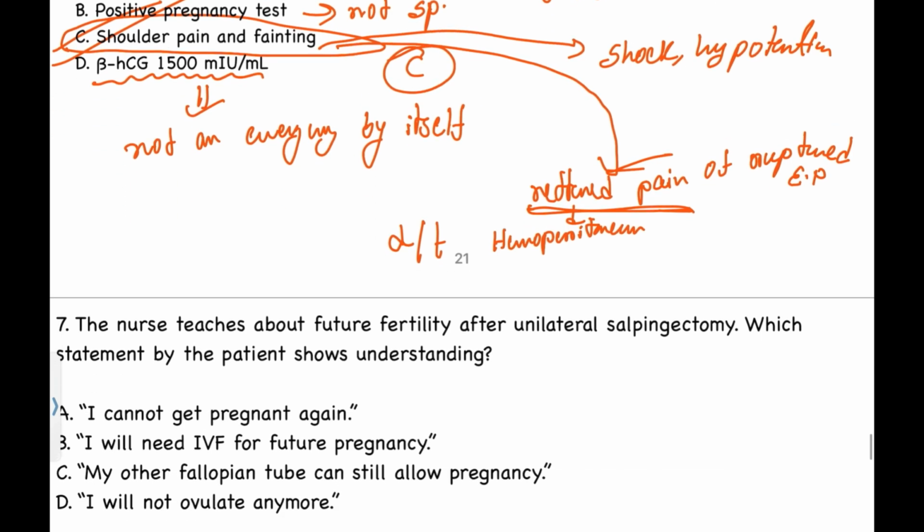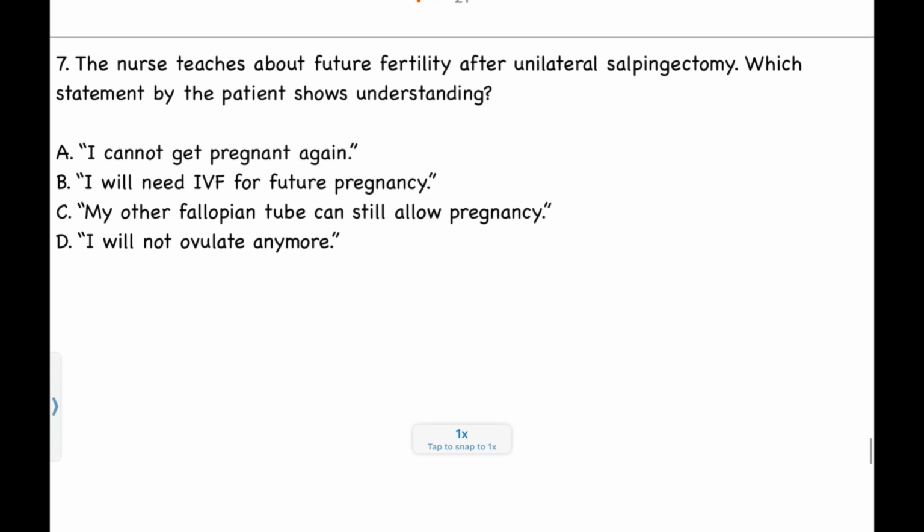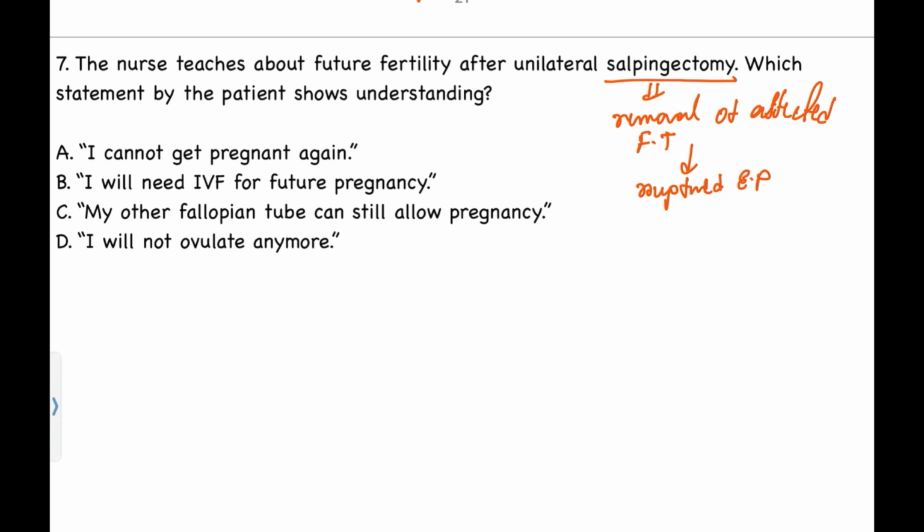Okay, now the next question. Our next question is, the nurse teaches about future fertility after unilateral salpingectomy. So what is salpingectomy? Salpingectomy means removal of the affected fallopian tube. Where do we use this? We use it in case of ruptured ectopic pregnancy.